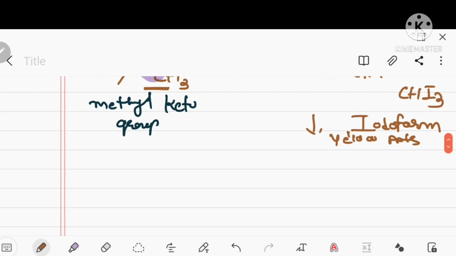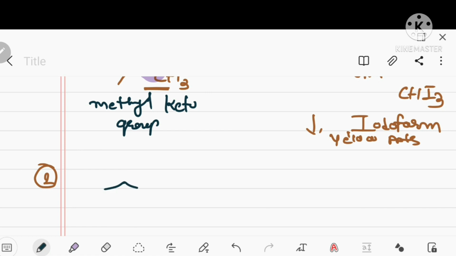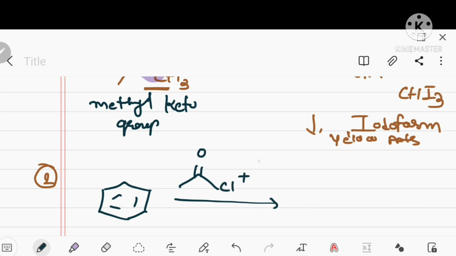I think all of you got this short technique. Now another question, you should solve this. You can pause the video and give your answer yourself. Second example: benzene is first reacting with acetyl chloride and anhydrous AlCl3.